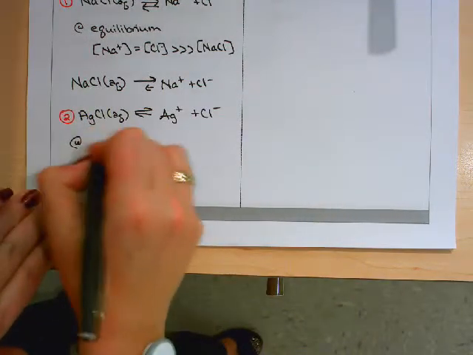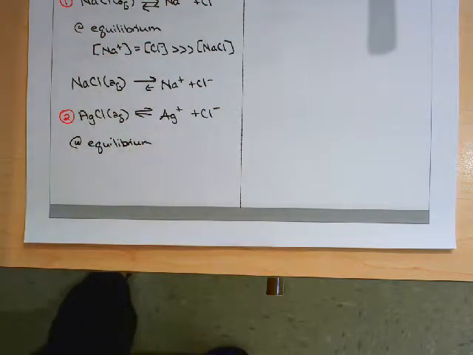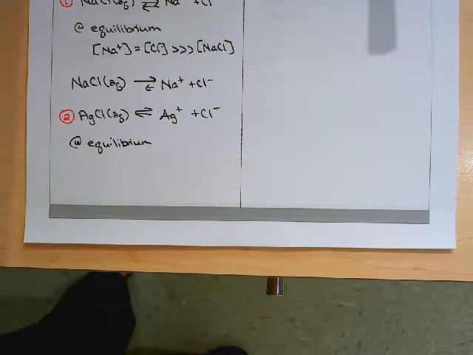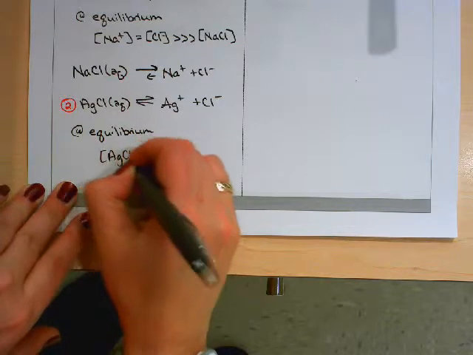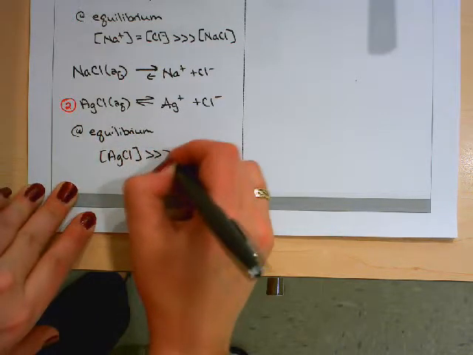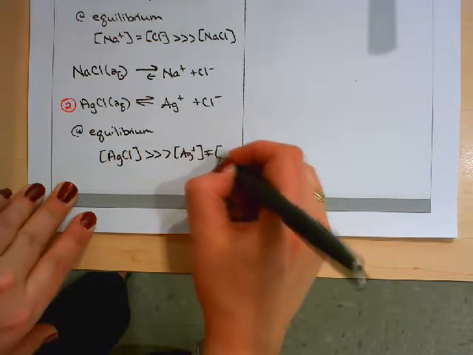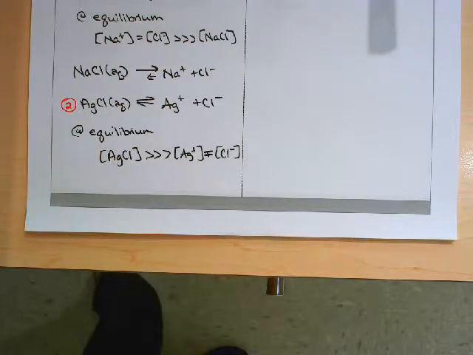So at equilibrium, should there be more reactants or more products if it does not dissolve in water? More reactants, right? Alright, so then which way should my arrow be mostly pointing?